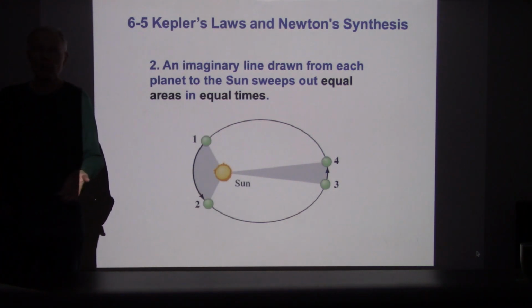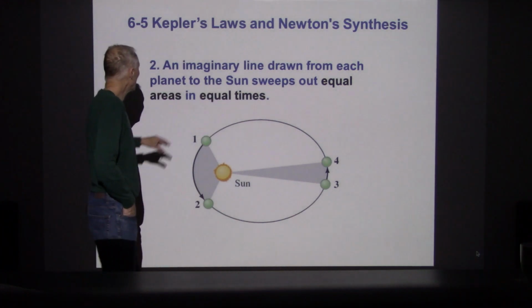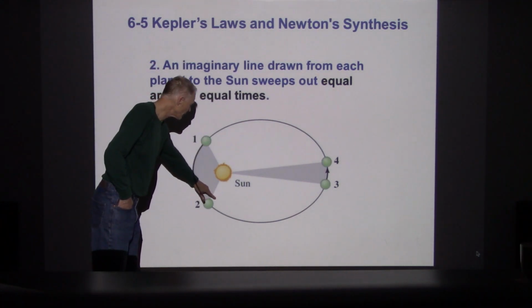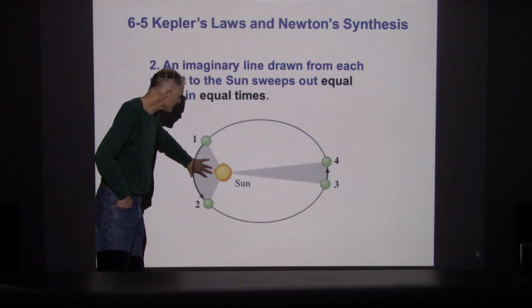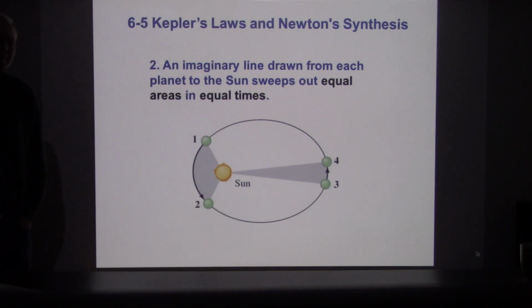This is always remarkable when I think about it, but Kepler came up with the rule that during equal amounts of time, the planets sweep out equal area. That's kind of remarkable.